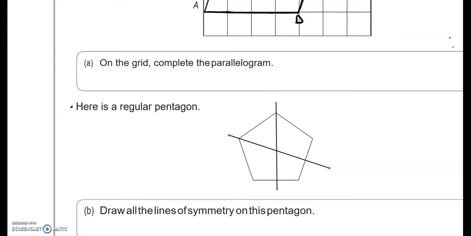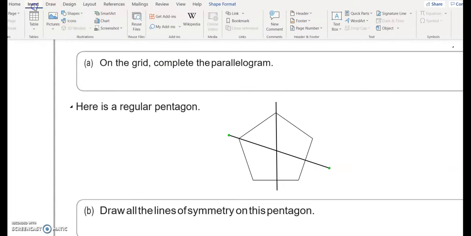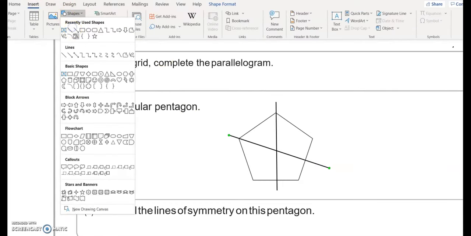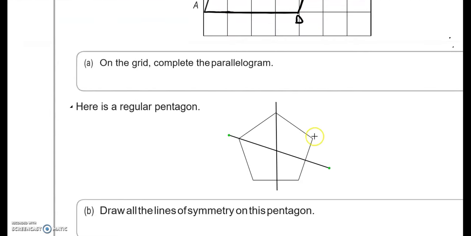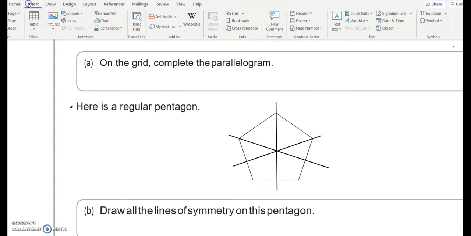So we have 2 of them already. And there is a 3rd one. And you probably can see a pattern.